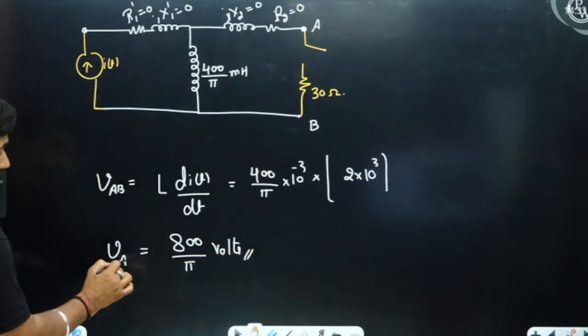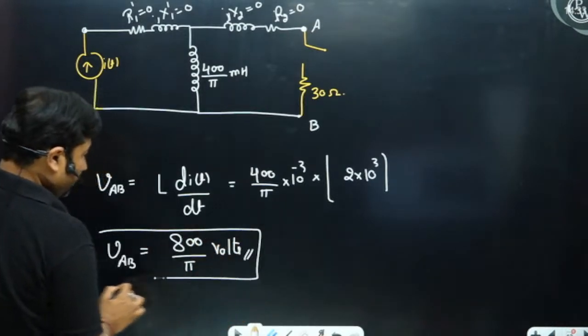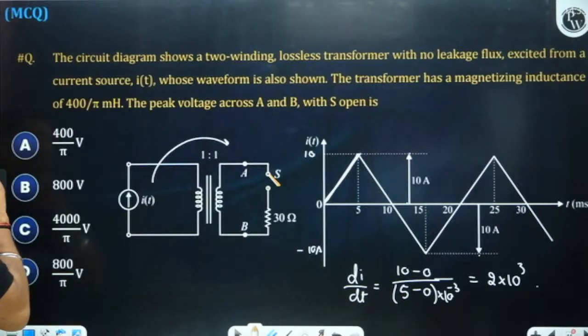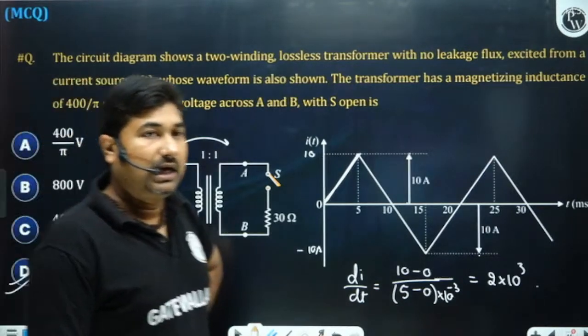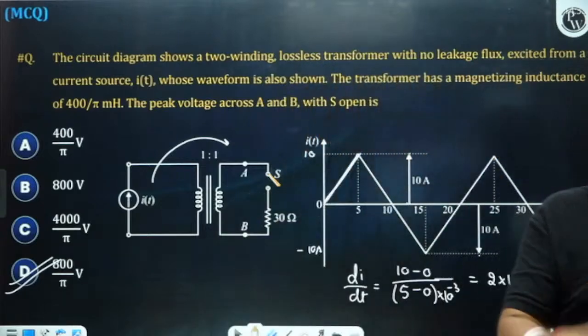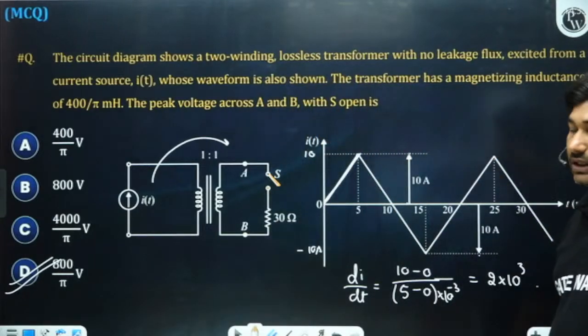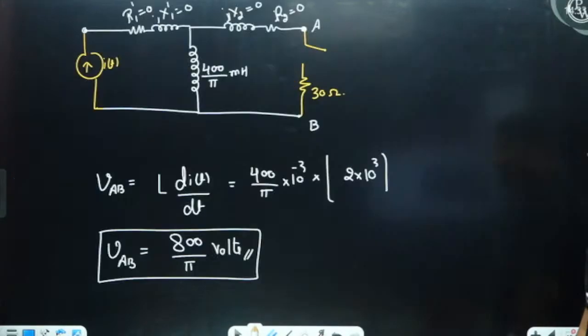So the peak voltage across AB with switch S open is 800 by pi volts. How many of you are able to understand this question perfectly?